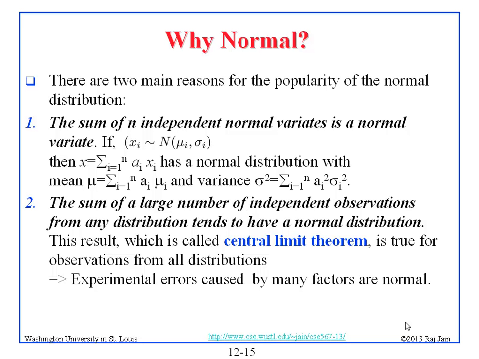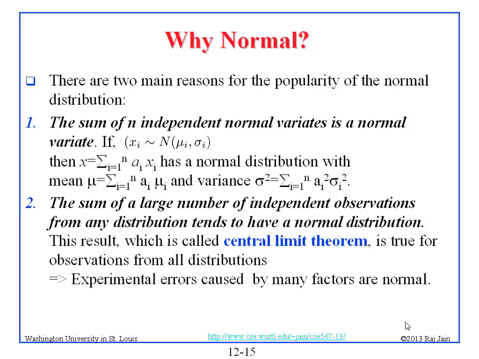But it's not just by itself. You take any distribution and the sum has a normal distribution. This is called the central limit theorem. The central limit theorem says that when you have a lot of numbers from any distribution, the sum is normally distributed. And that's why experimental errors are normally distributed.